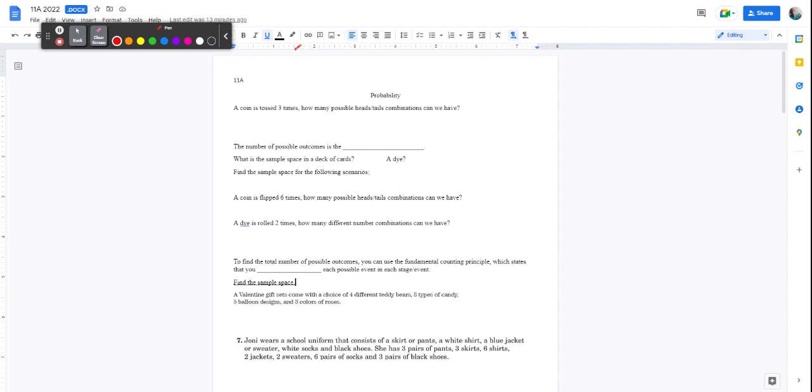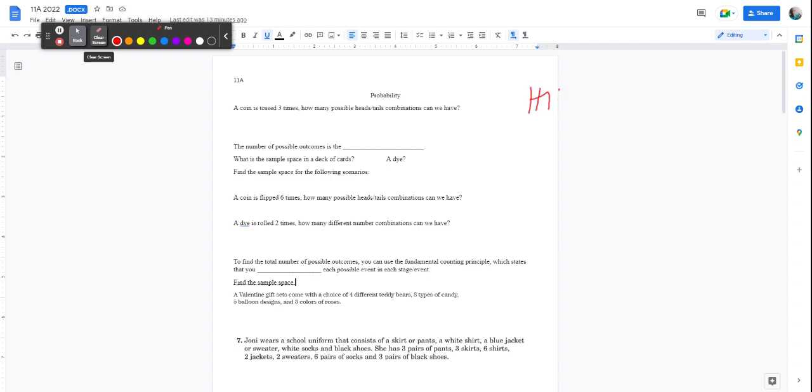With this, it's easier to just do it and draw it out. Coin is tossed three times.